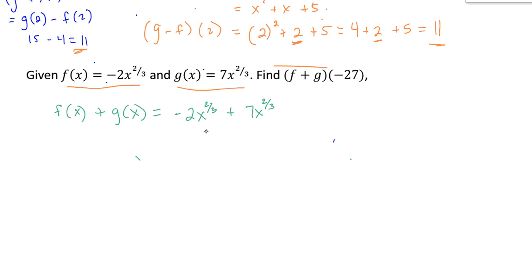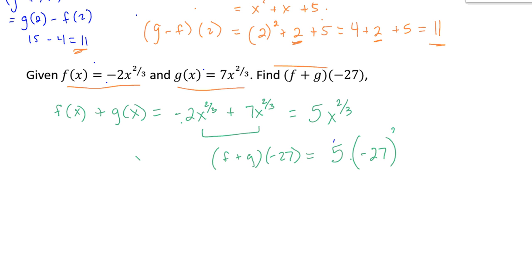Any rule with variables says you can only combine them if they have the same powers, right? So x to the 2/3 and x to the 2/3 match. I can combine them. Negative 2 plus 7 is 5x to the 2/3. And then f plus g of negative 27 would be 5 times negative 27 to the 2/3 power, which is 5 times 9, which is 45.